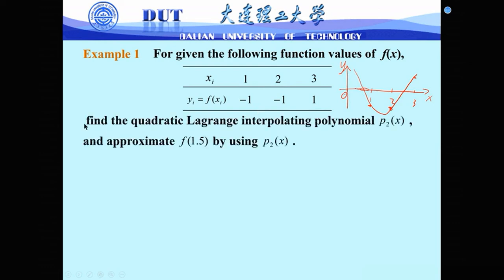Because there are 3 nodes, the number of nodes minus 1 is the degree of the polynomial, so it is a quadratic polynomial denoted by P2(x). If we find P2(x), then we can approximate the f function value at 1.5 by using P2(x).